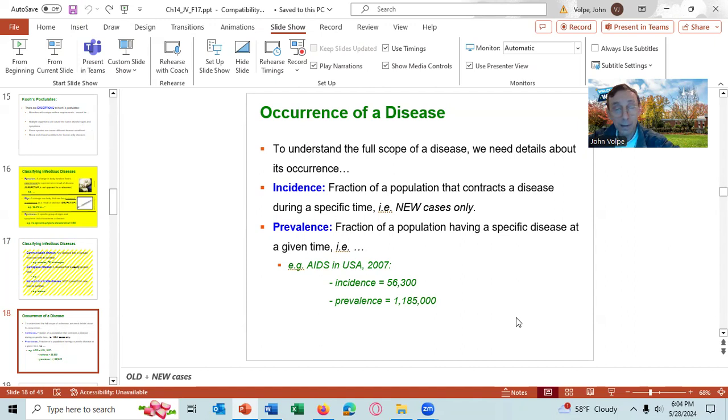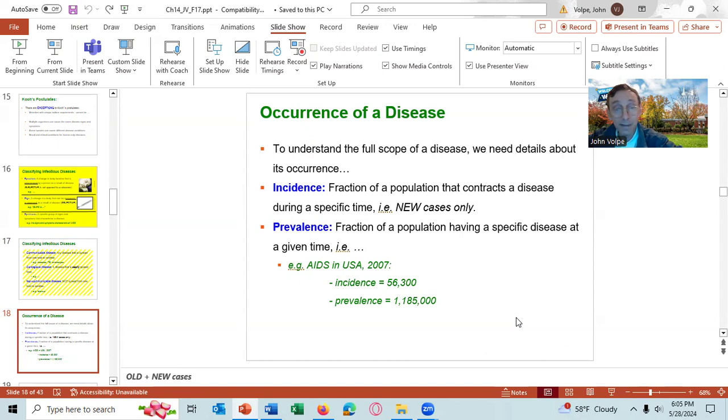Like when we have the flu season and people talk about the number of people currently having been exposed to the flu or gotten the flu, we're usually talking about the incidence. We do not usually talk about prevalence of the flu, because if we were to talk about the prevalence of the flu, probably 100% of the population would be getting the flu. Very few people would not ever get the flu.